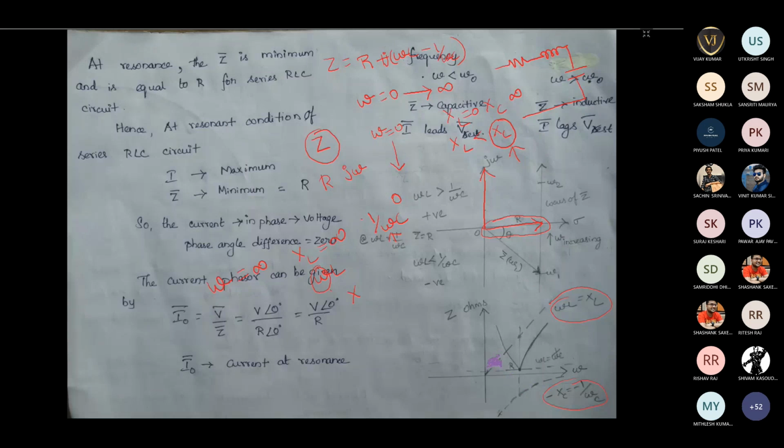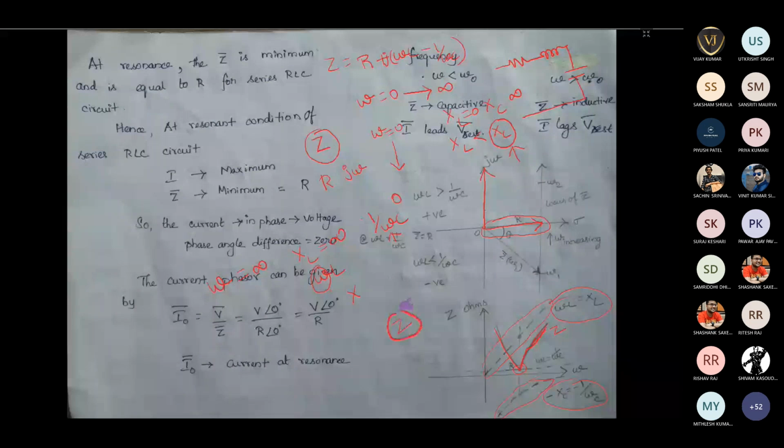This dotted line gives the omega L value, this is giving the value of XC, and this change is the value of impedance. This is the overall impedance. So your R will be here at the resonant condition. This is just about how Z changes with respect to the frequency.